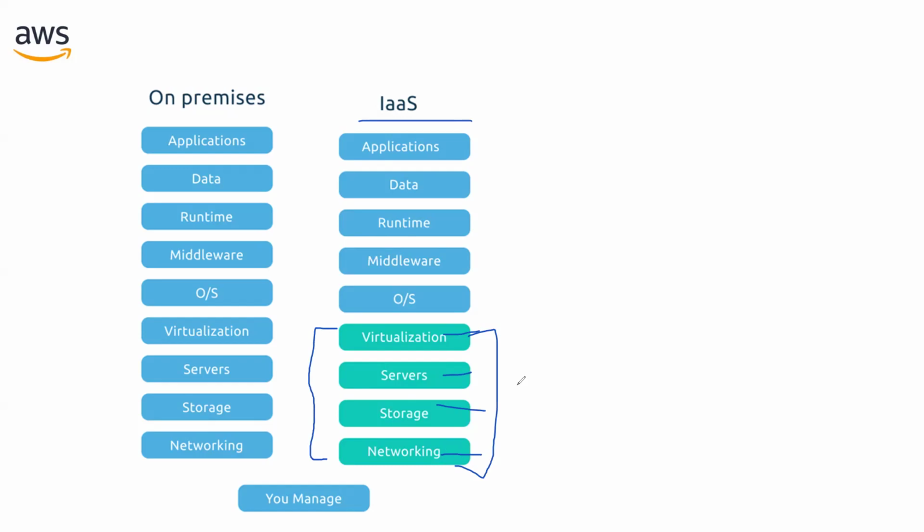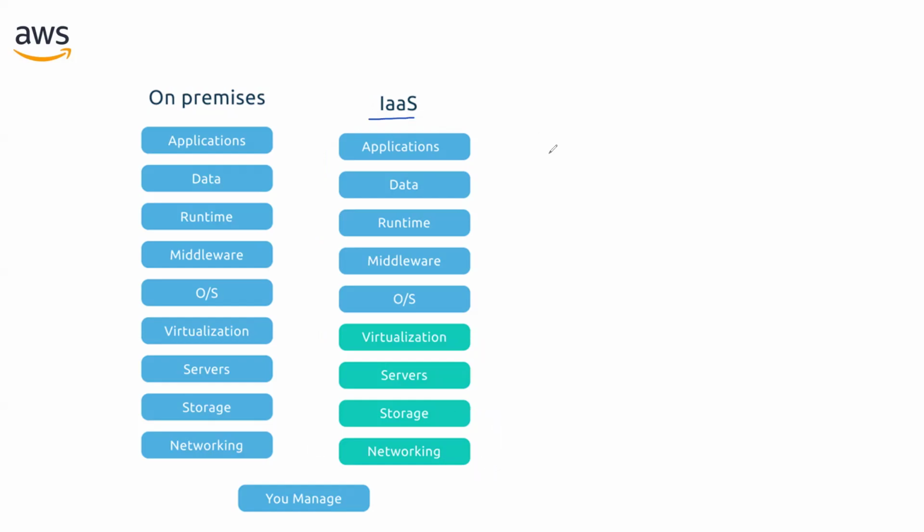Remember, right? And whatever you see in the blue color should be managed by us. That is the reason it is named infrastructure as a service. This is the first cloud computing model.